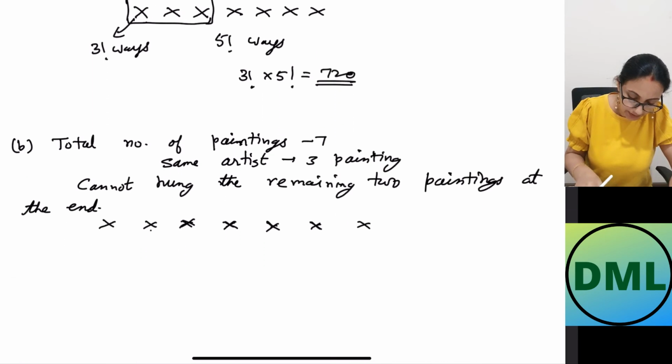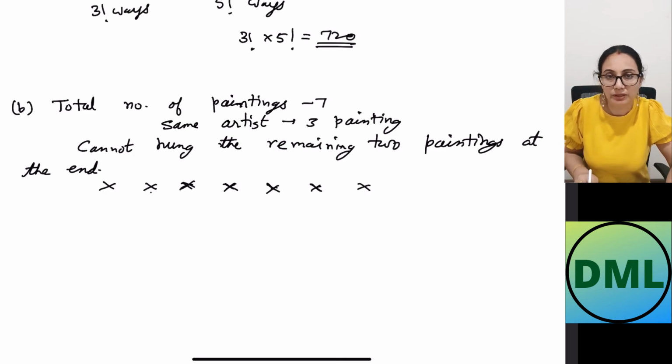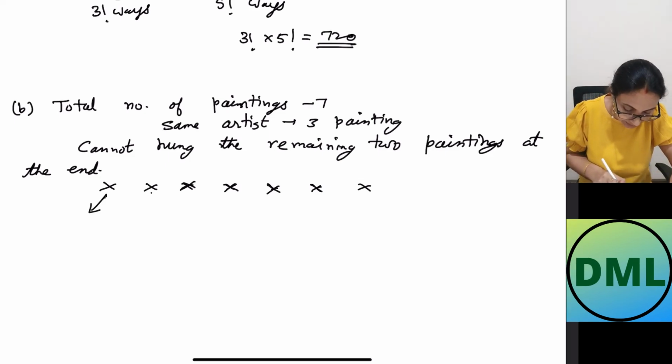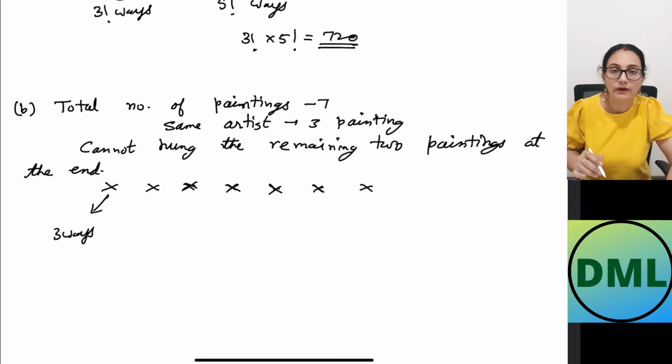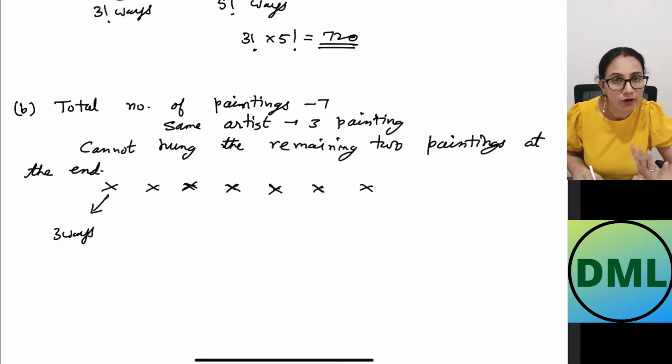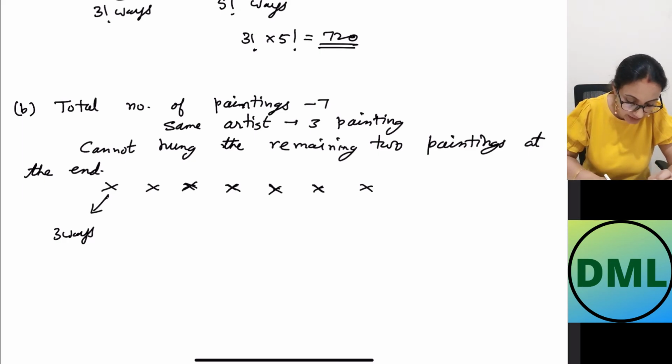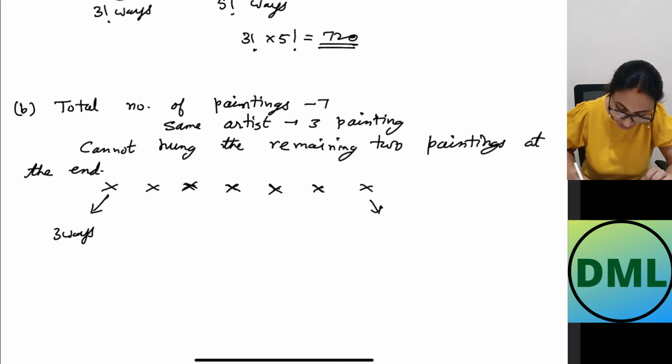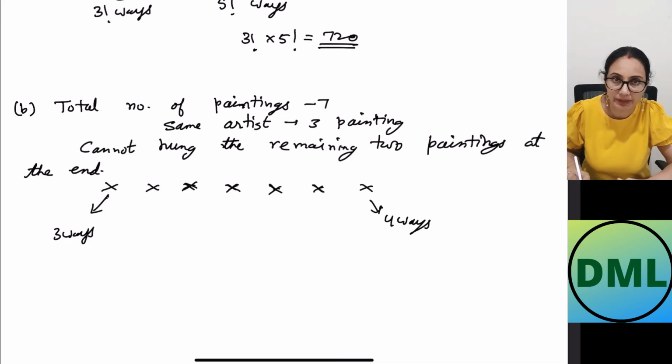Now he says that one painting you have to keep at the beginning and the remaining 2 paintings you can't keep at the end. So to fill the first place I have 3 ways to do it. Now I cannot hang the remaining 2 paintings at the end, so just neglect them. The remaining paintings available are 4 paintings. So the last place can be filled in 4 ways. Either one of the paintings you can keep here.